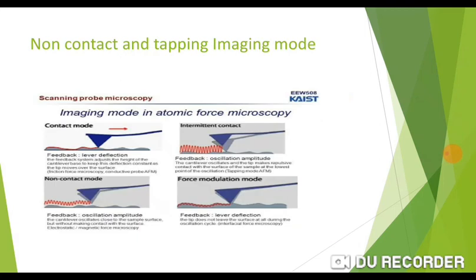Similarly, there is a non-contact imaging mode also. As the name suggests, there is no contact between the stylus and the surface, and that means the tip is not touching the surface, and the sensitivity is increased by oscillating the cantilever near its resonant frequency.